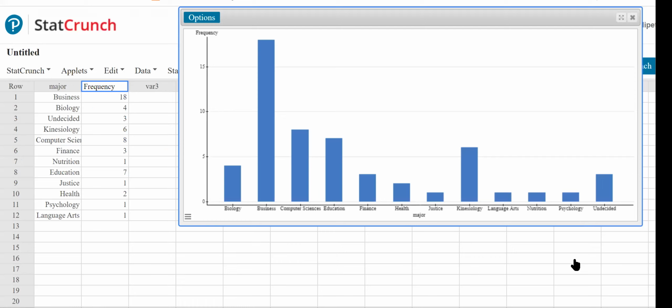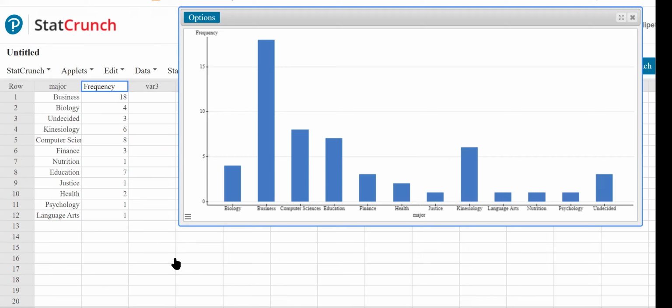So this is my graph that I had generated by StatCrunch, and I have tutorials where I show how to generate those graphs in StatCrunch. But this is what our frequency distribution bar graph looks like.